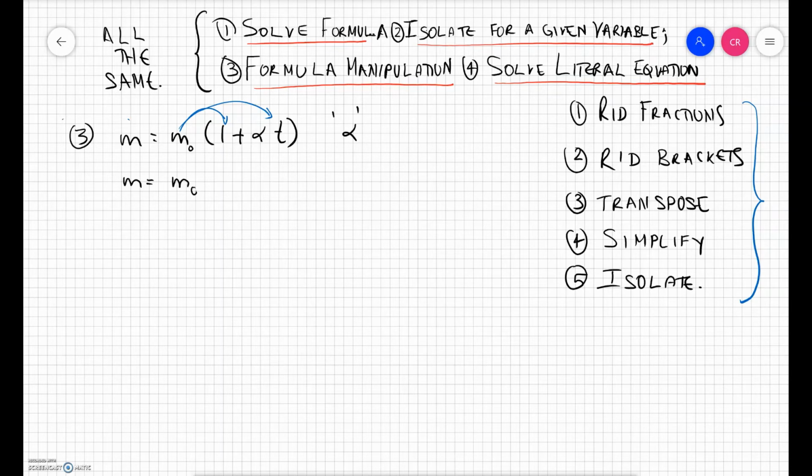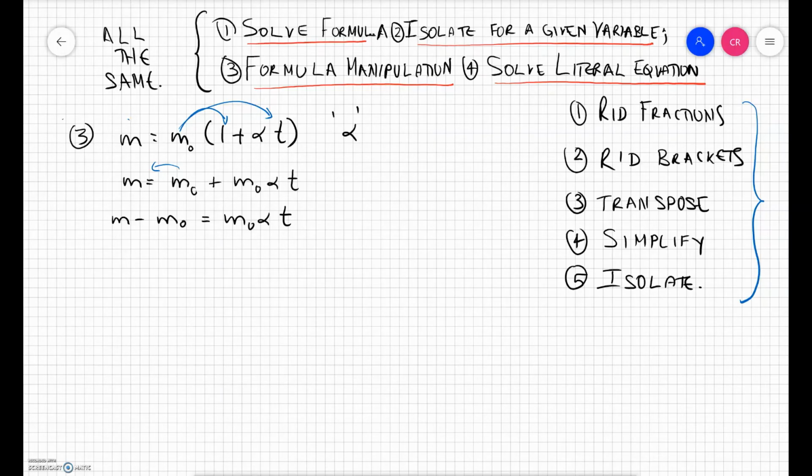Then m0 times alpha t gives us m0 alpha t. Now we're isolating for alpha, so we have to get rid of the m0. We transpose it, so we get m minus m0 equals m0 alpha t. We want the alpha all by itself, so we divide both sides by m0 t.